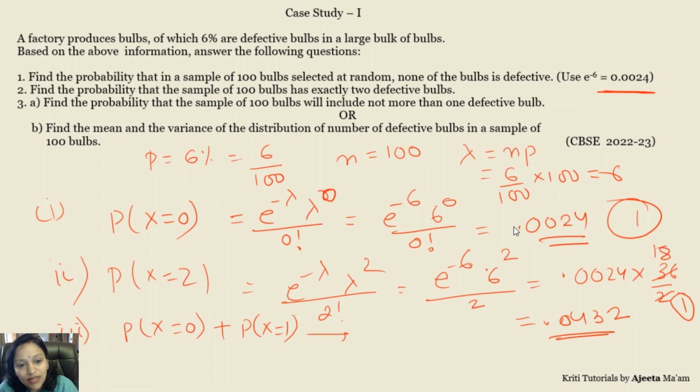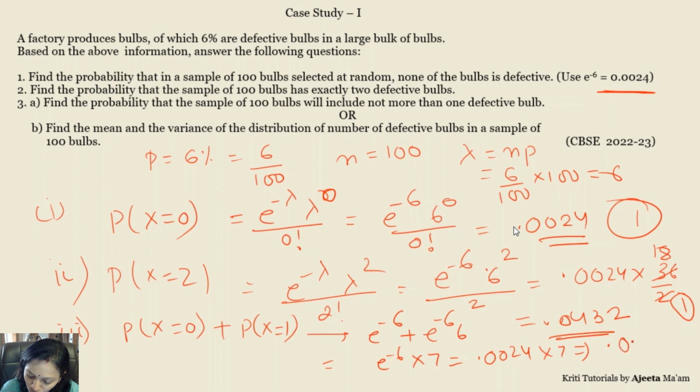We can find for 1 separately, or we can just take the common term and add for both. Both ways are equally good. So e raised to minus 6 will come from here, and e raised to minus 6 into 6 will come from here. So we get e raised to minus 6 into 7. So e raised to minus 6 is given 0.0024 into 7. So what do we get? 0.0164, right? So that's the answer for A part.